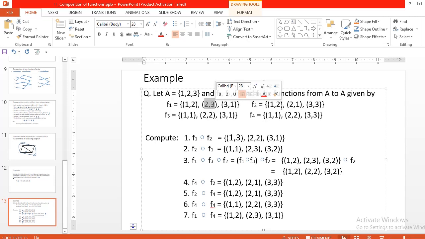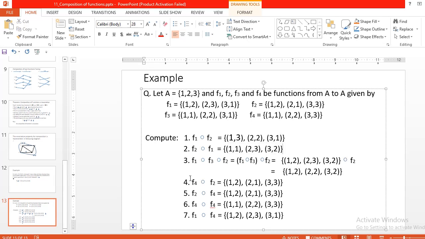Then 2 3 paired with 3 3 here: the range of F1 and domain of F2 are common, so we get the pair 2 3. Similarly 3 1 with 1 2: here the range of F1 and domain of F2 are common, so we get the pair 3 2. Pairing with the others is not done. So our result is 1 1, 2 3 and 3 2.